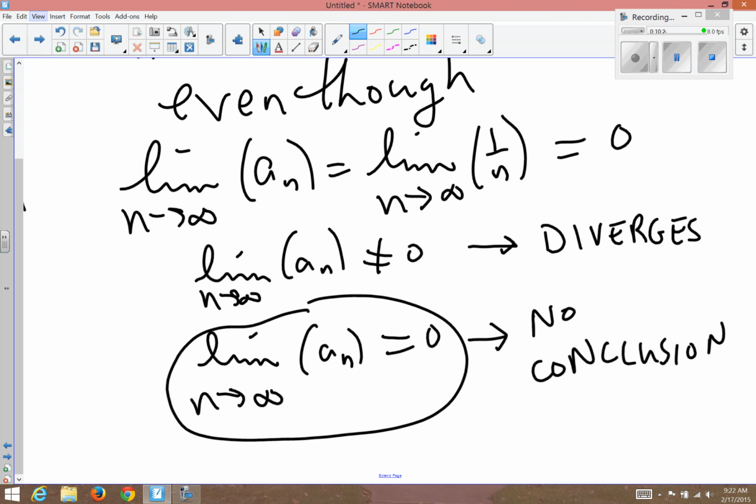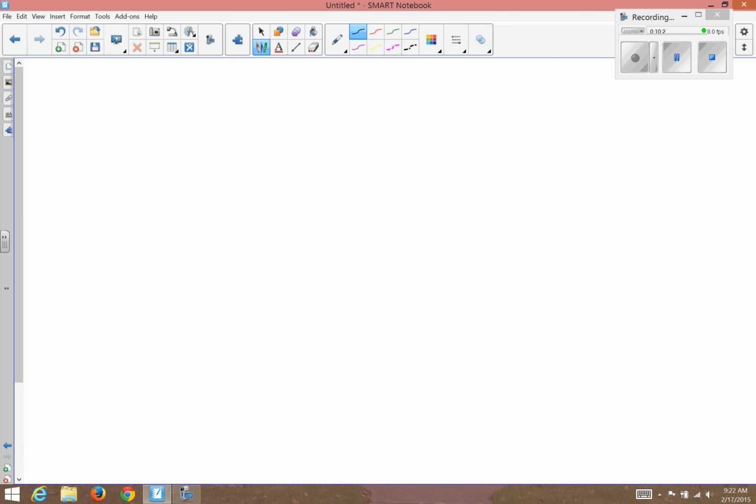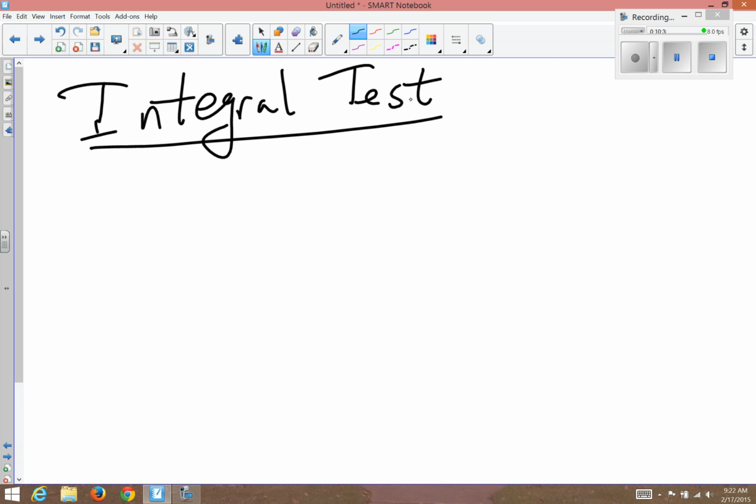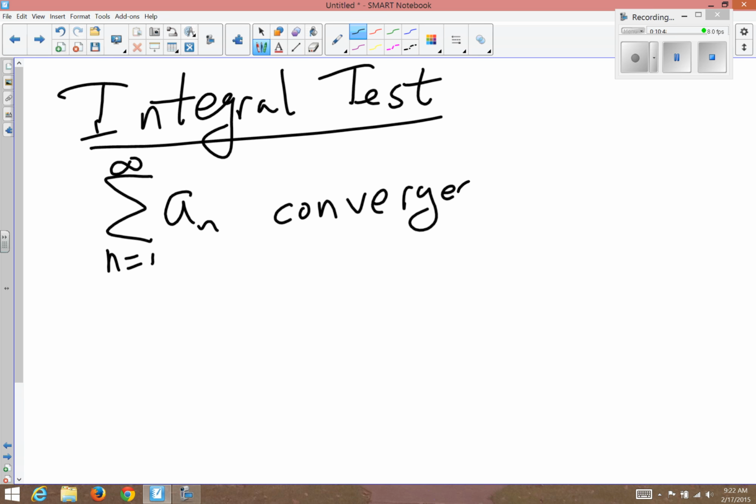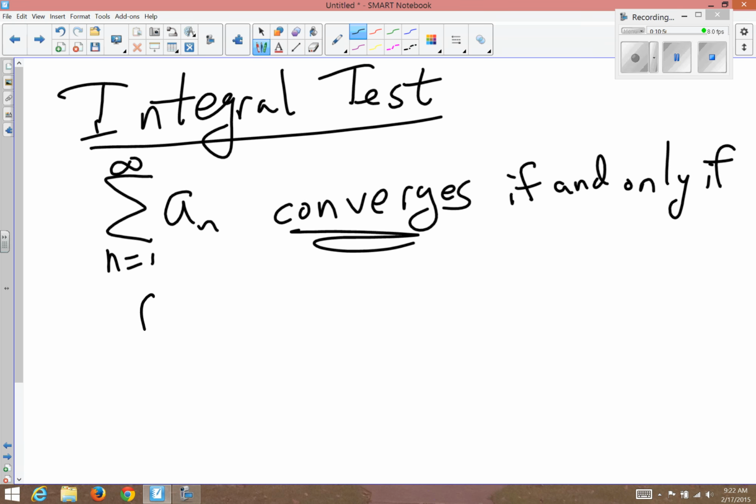So another test for convergence or divergence is called the integral test. And this is the integral test. Sigma a sub n, n going from 1 to infinity, converges if and only if the integral of f of x dx from 1 to infinity converges.